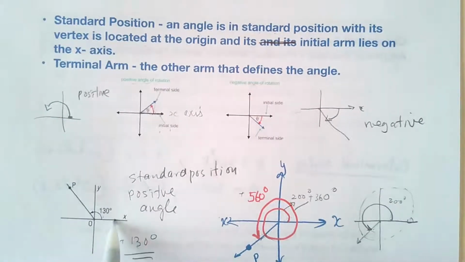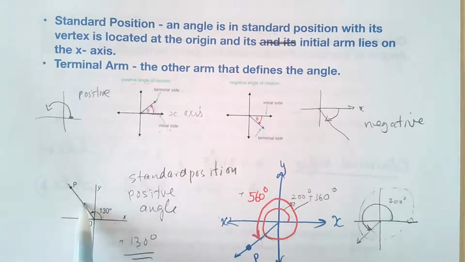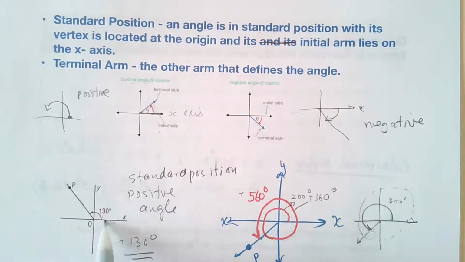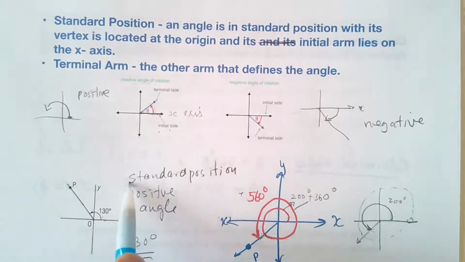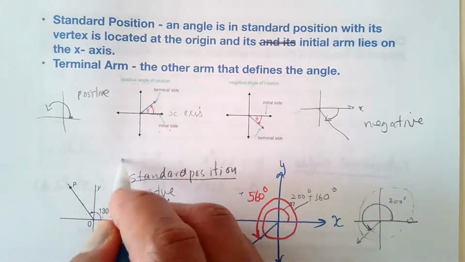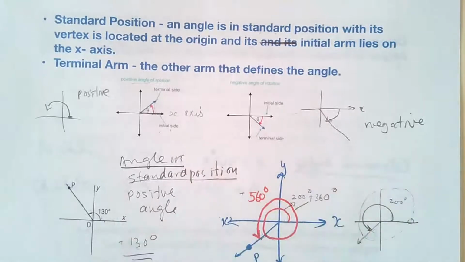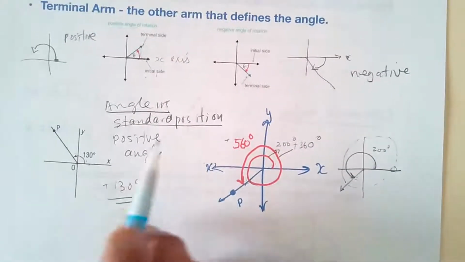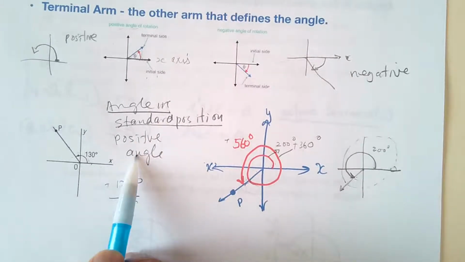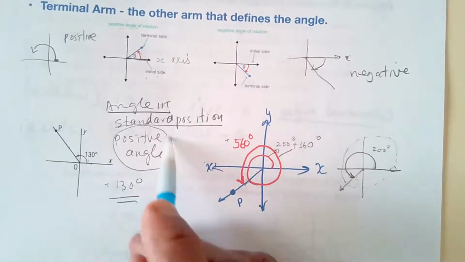So here is the initial arm, and that's your terminal arm. The angle between the x-axis and the terminal arm is referred to as an angle in standard position. So it's positive in this case here.